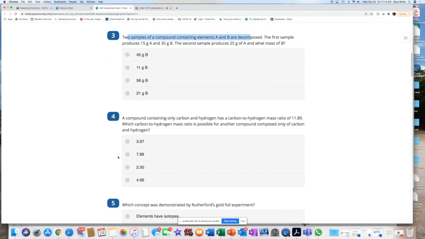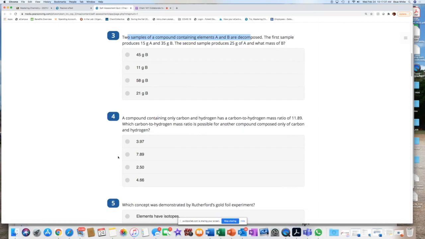See, I got some water on my iPad. Carbon and hydrogen, right? And the carbon over hydrogen mass ratio is 11.89. That means the mass of carbon over mass of hydrogen gives you 11.89.